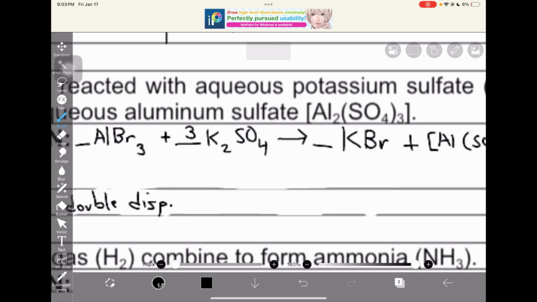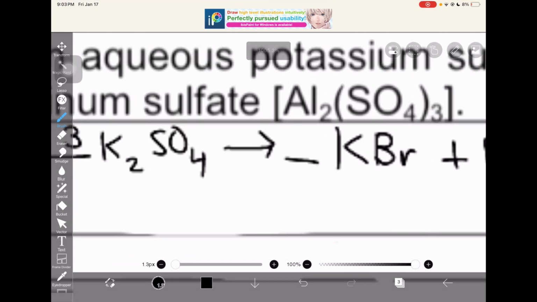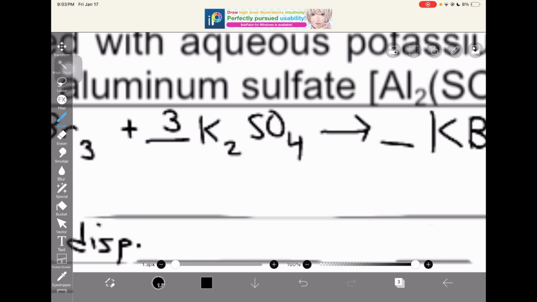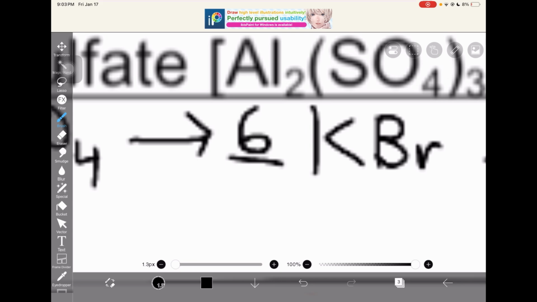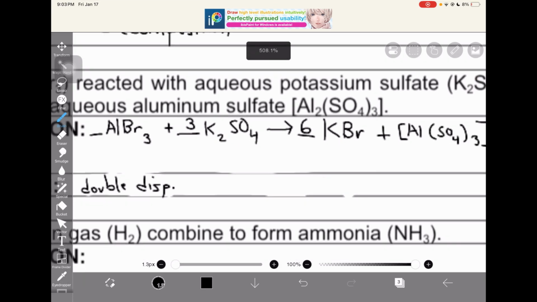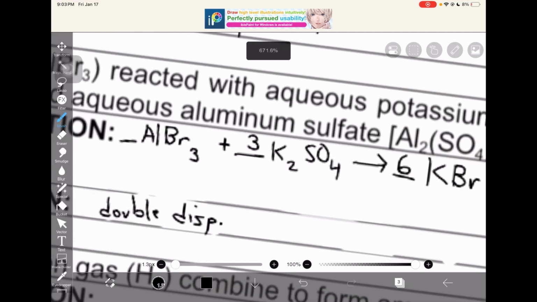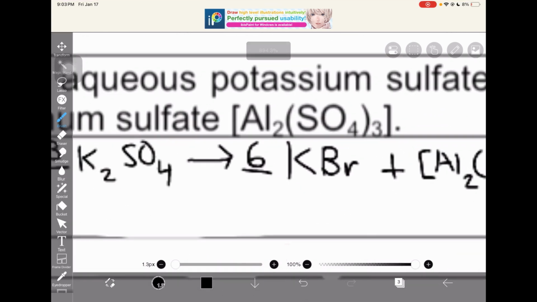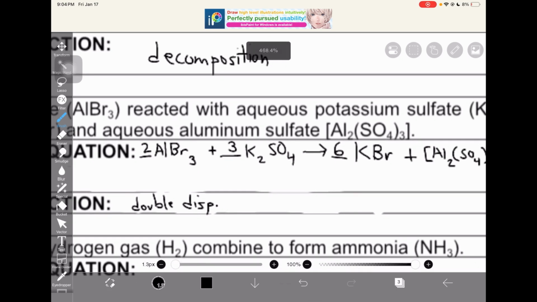Now we need to figure out how much the KBr is. K2, that's 2 potassium times 3, that's 6. This has to be at least 6 because we have 6 potassium here. Therefore, we also need to find what number goes with the Al2. We have 6 bromine here, and then we also have 3 bromine here. 6 divided by 3 is 2. So let's check if that's correct.